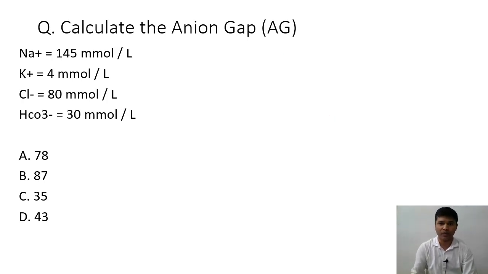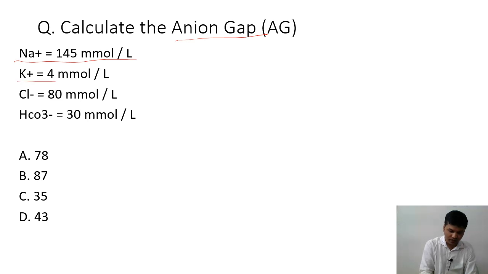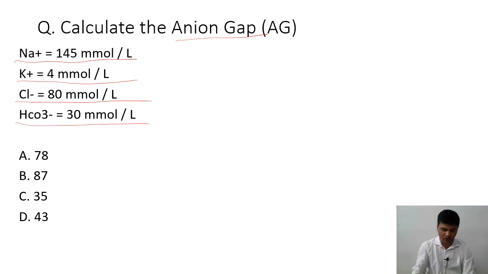Calculate the anion gap. So what will be the anion gap? Here sodium is 145, potassium is 4, chloride is 80 millimole, bicarbonate is 30 millimole. Anion gap is calculated using sodium, and you can add potassium also.